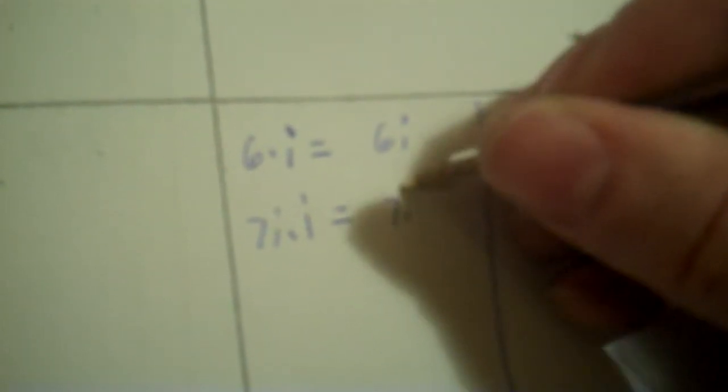So 6 times i, and then 7i times i. If you want to put a 1 in front of the i, you're more than welcome to. It's not going to change anything. It'd be 6i, and then 7i to the second. That is not in simplest form, because that's 7 times negative 1, which is negative 7. Okay? So you have negative 7 plus 6i.